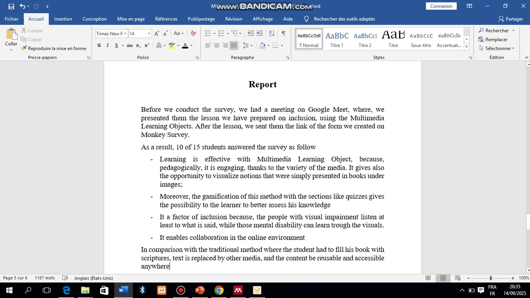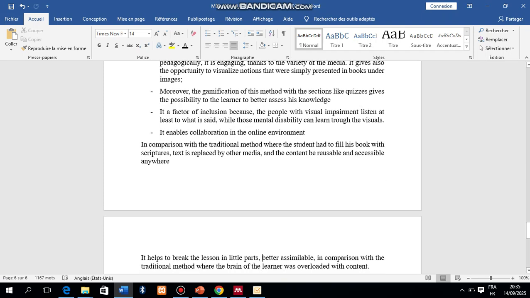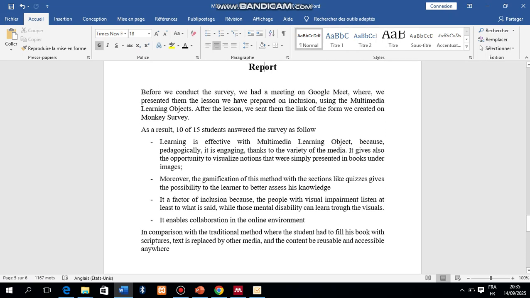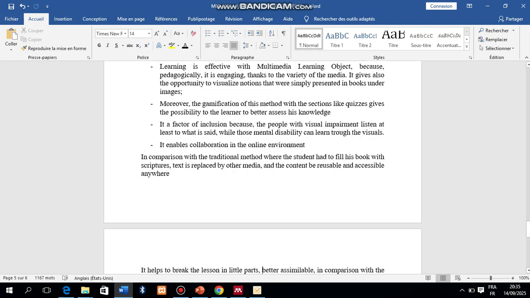So here is the report of my study or my research: the effectiveness of multimedia learning object. Pedagogically, it's engaging. There's gamification, and it's a factor of inclusion because of the multiplicity of the media.